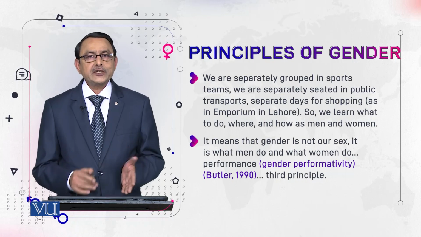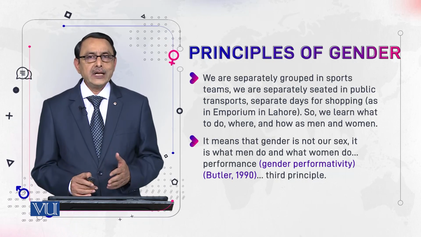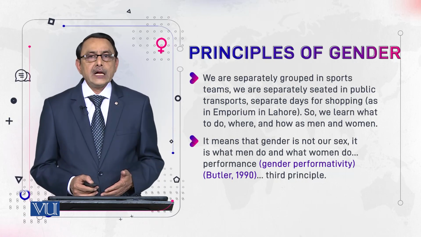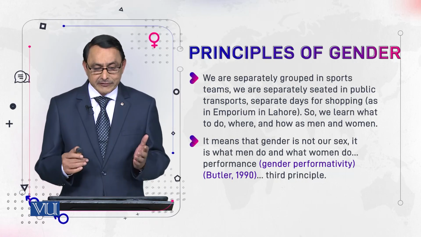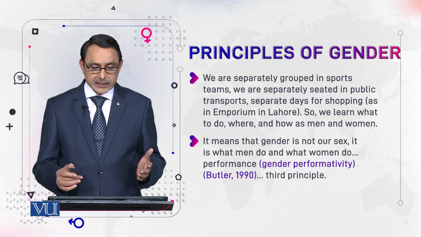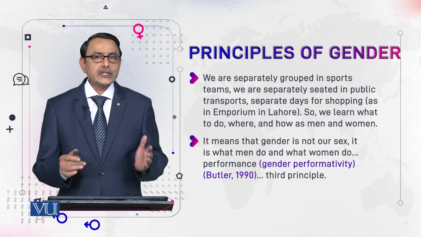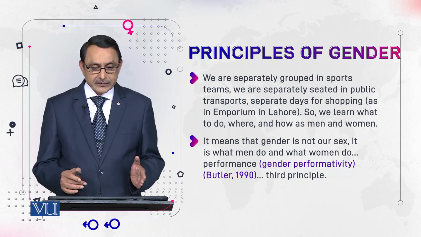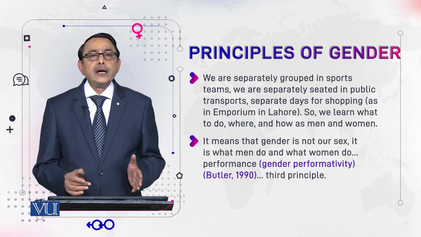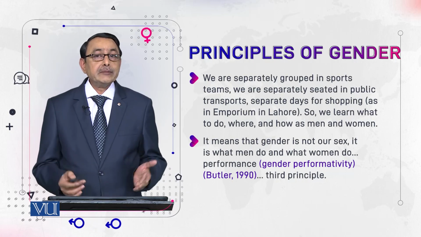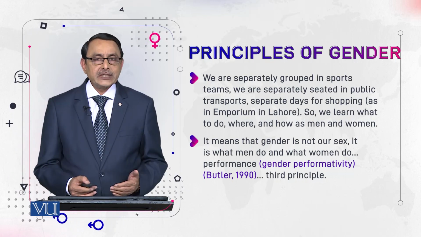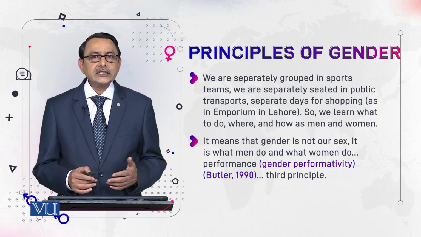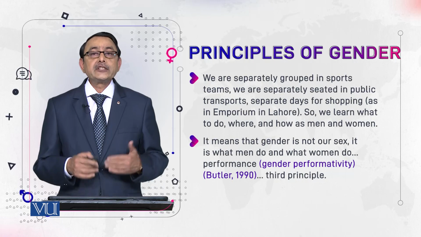The other part is cultural and social. This is what develops through interactions. Therefore, here we are saying that gender is not our sex. In this context of talk, it is what men do and what women do. It is our performance. So gender is sometimes defined as performance or performativity.